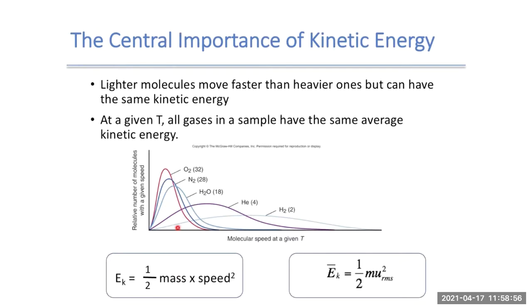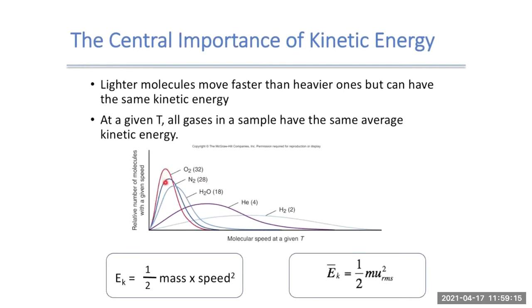So that's why H2, hydrogen, is always going to move so much quicker and have a much quicker speed than O2. And you can see in the graph here the different speeds and the relative number of molecules at a given speed.